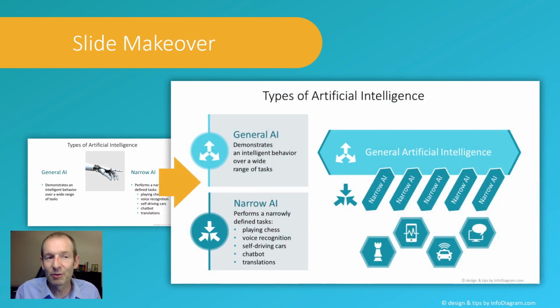Try to follow a similar process when you are going to design your slides. When you want to compare something narrow versus wide, try to use either icons or shapes, and this could be just simple standard shapes from PowerPoint, so you can create everything by yourself without need for external resources.